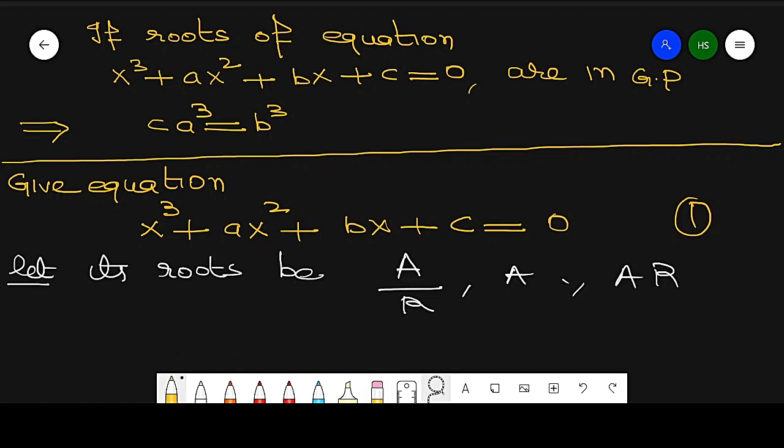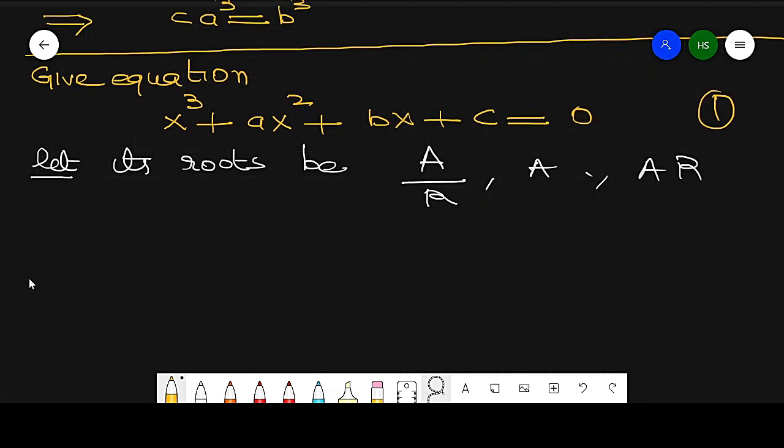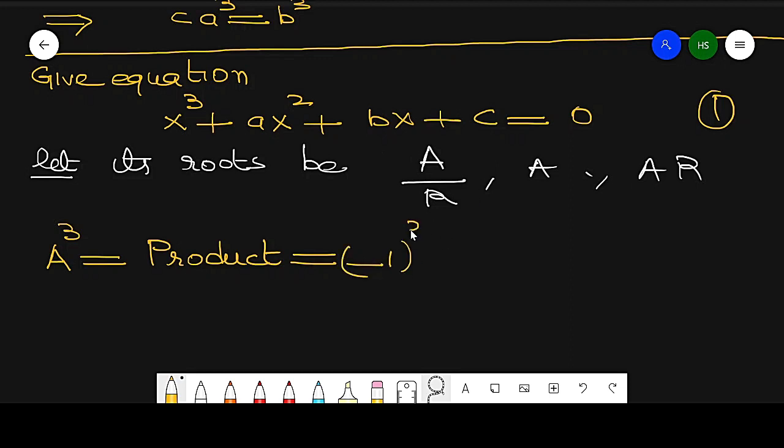Now, to find the root of the equation, we will take the product of roots. The product of roots is a cube, and its value is minus 1 raised to power 3 times constant term c over coefficient of x cube 1, so this is minus c.